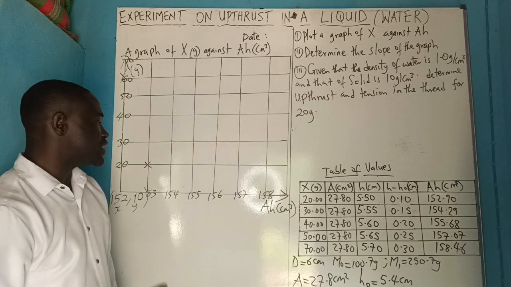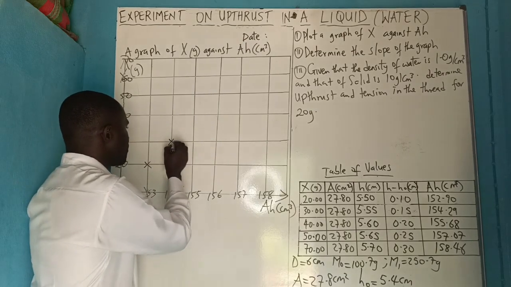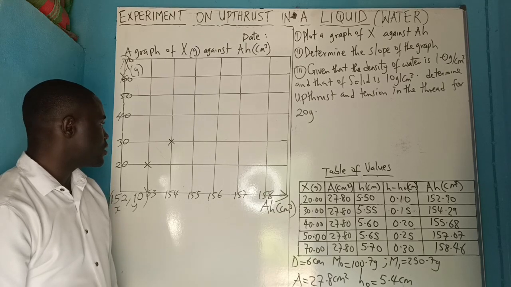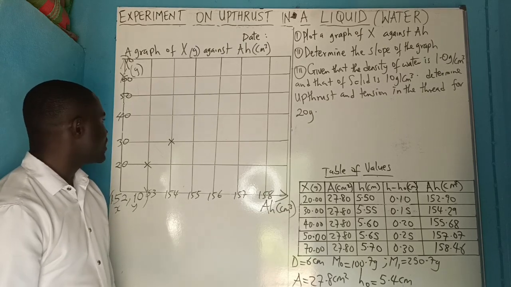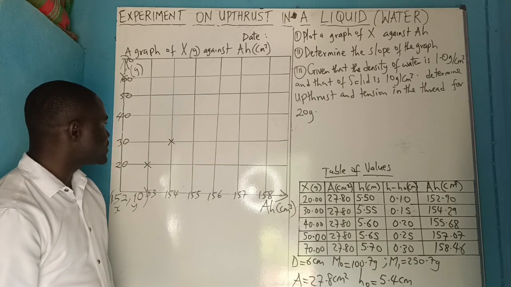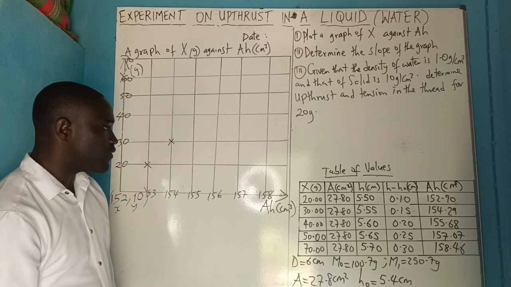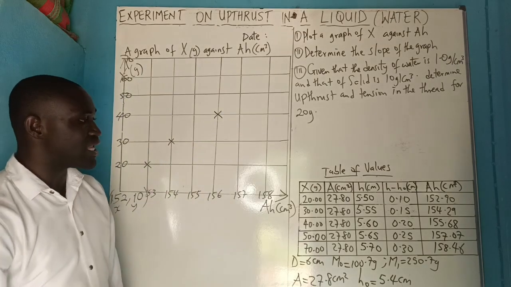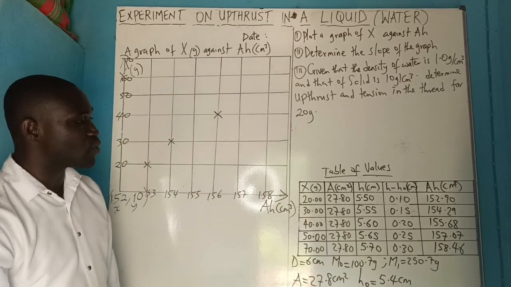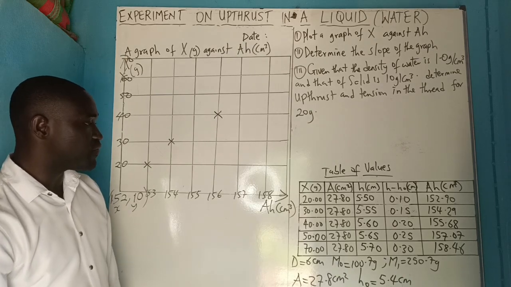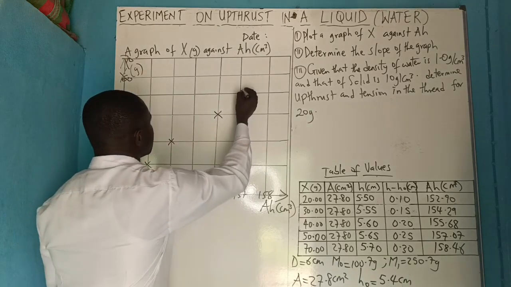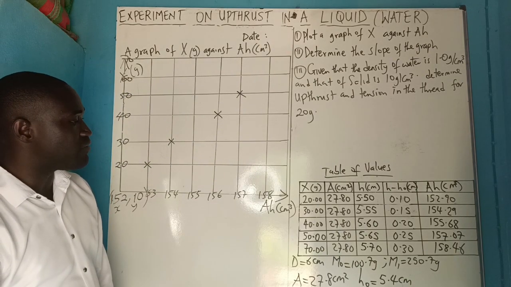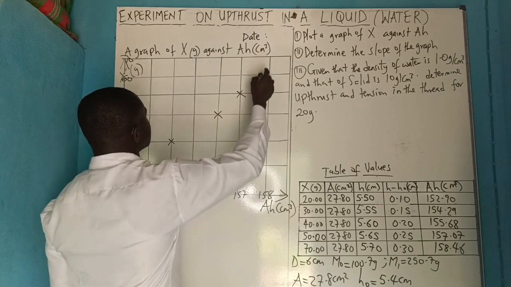Then 30 against 154, approximated answer. 40 against 156, approximated answer. We are using approximation to the nearest whole number. Then 50 against 157. Then 70 against 158.